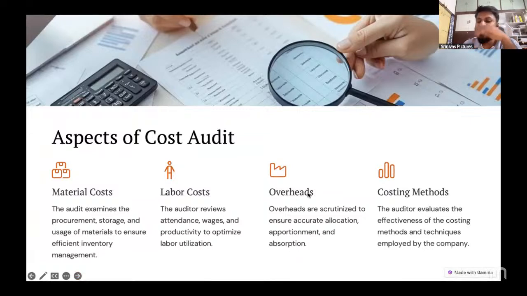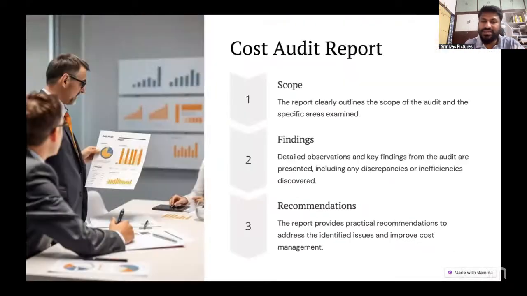Whether they are properly allocated, absorbed or apportioned or not, the cost auditor will look at it. After these three aspects, he checks whether the costing methods and techniques are properly utilized or not.